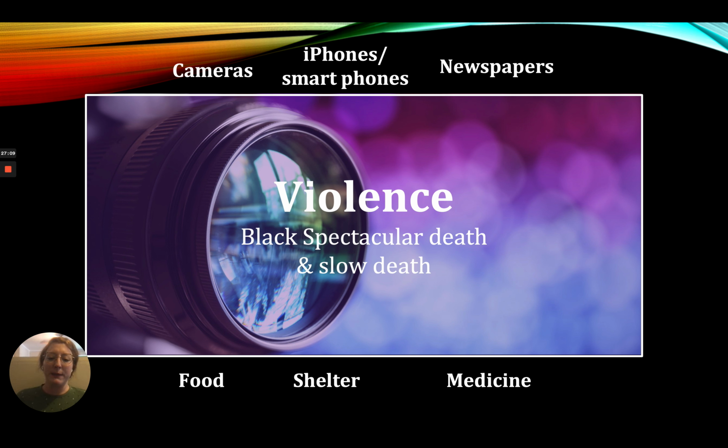If we think about urban spaces where transportation is an issue, getting to grocery stores is an issue, and oftentimes folks within urban poor spaces lack access to nutritional food, so they have higher rates of diabetes. They have lower life expectancy because of the lack of healthy food and the lack of access to medicine. They lack shelter.